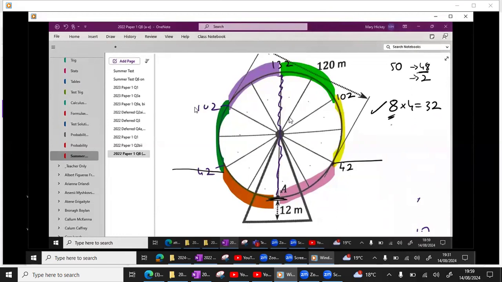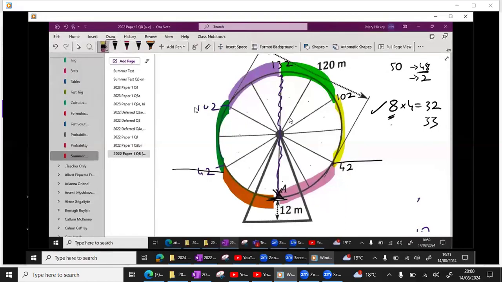Now, for the extra 2 minutes, let's say you started where A is. Well, then in that 2 minutes, you'd have 1 minute wasted, not above 42, so you'd only have 1 minute above 42. So that would make 33. But that's not really the question. The question doesn't say where we have to start. It says what is the greatest.